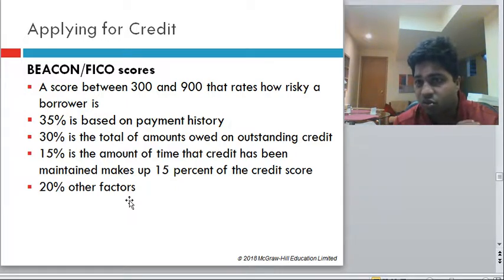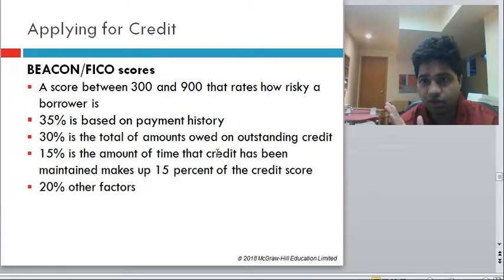If you don't have a credit card, your credit score doesn't improve. Ideally you should have two credit cards, because two credit cards give you a little edge. If you have one credit card, even then your credit suffers.